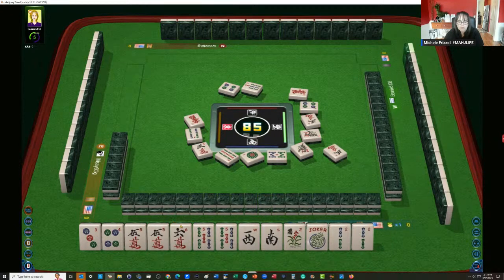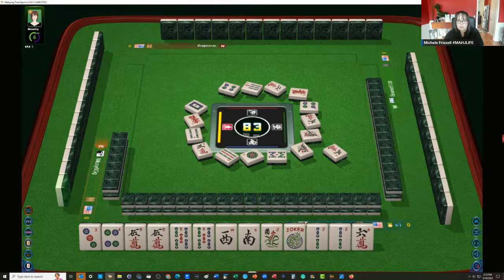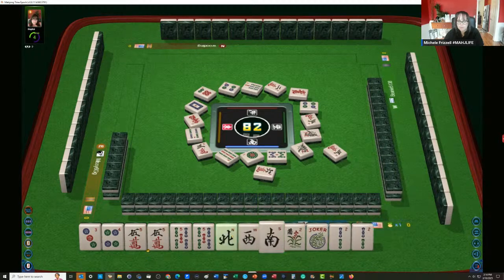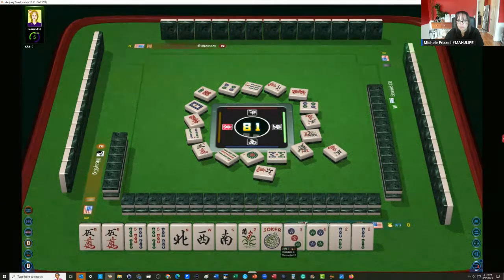Here's 3, 4, 5, 6. I'd still probably let that 2 characters go. White dragon. 6 dots. North. Okay, 6 characters. I would probably give up on the quint chow hand at this point.